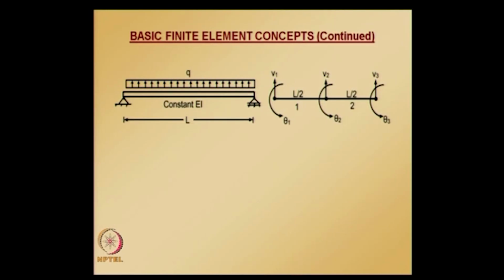Element 1 has 4 degrees of freedom, V1, theta 1, V2, theta 2, and element 2 has 4 degrees of freedom, V2, theta 2, V3, theta 3. So now we have the 2 element model, and we are ready to assemble the element equations for both elements.